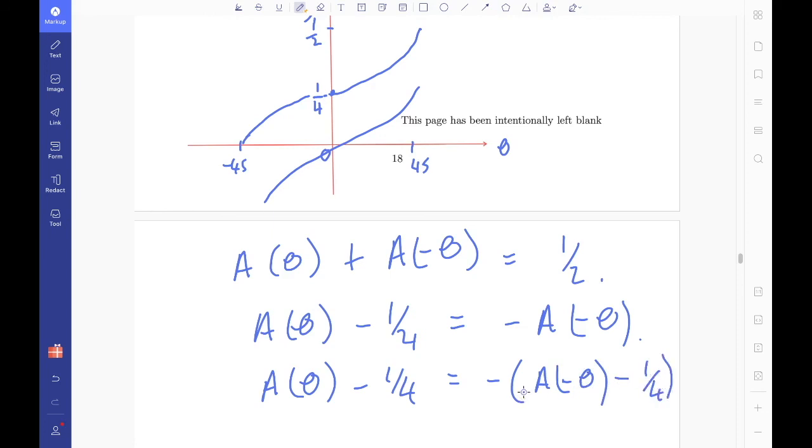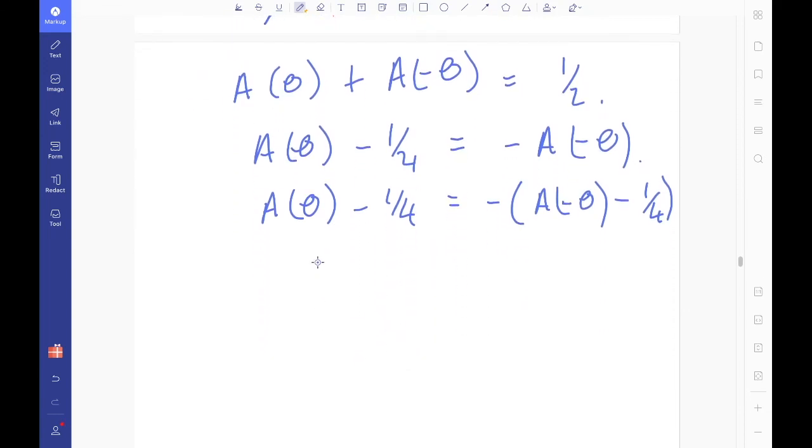So if you translate it down by 1/4, it'll be on the origin, and then it has this odd symmetry. A of theta minus 1/4 is an odd function, and so you've shown that in this step. If you call this function A prime of theta, then you've said that A prime of theta is minus A prime of minus theta, with that minus 1/4 included.